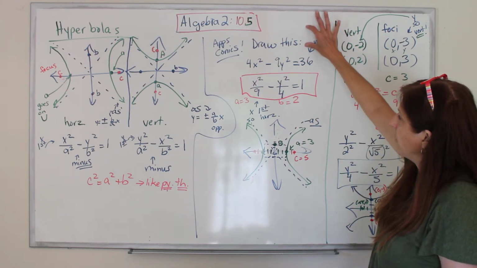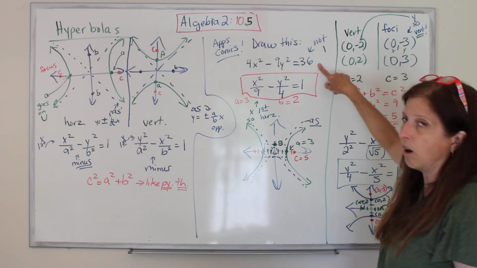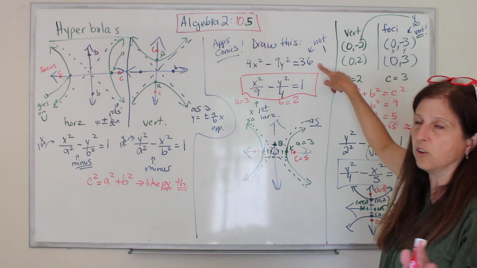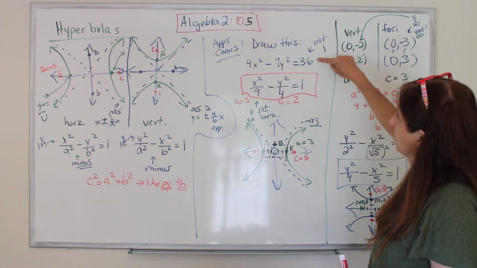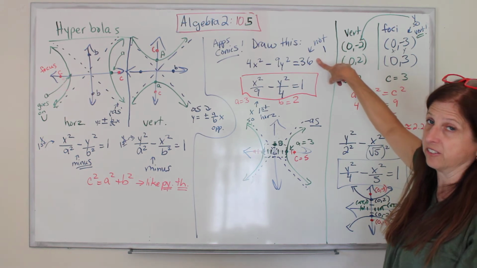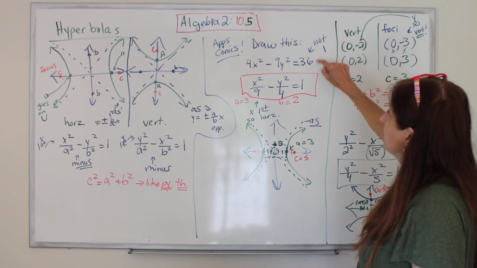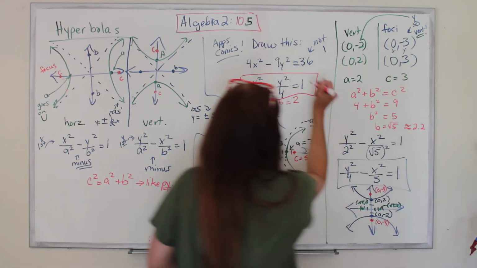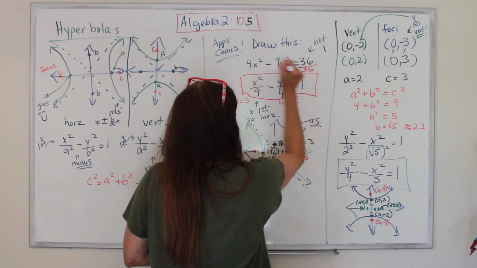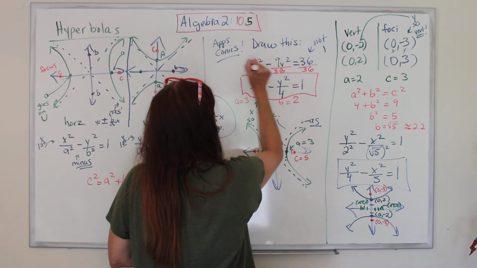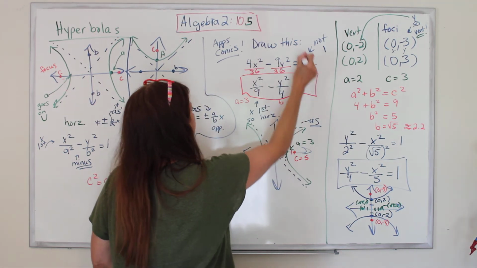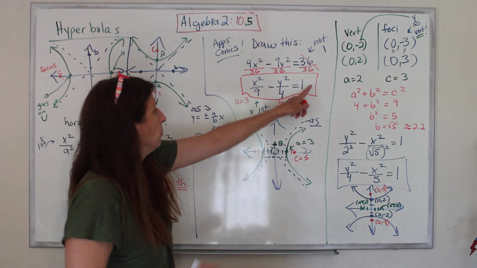Okay, so we're going to draw this, and notice it's in the wrong form. This is supposed to be a 1. 36 is not 1. I'd much rather have $36 than $1. So I have to make it 1, and how I do it is by dividing by itself. I can do that as long as what I do to one side, I do to the other. Those cancel out and become 1.